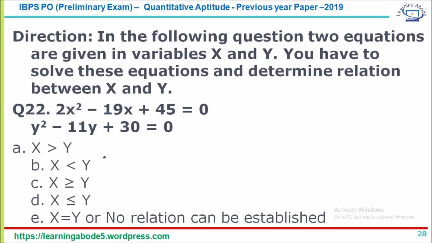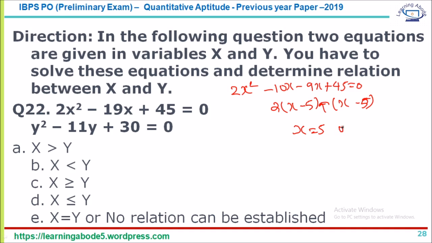One more question of this type. So this equation, if I have to split, I write 2x square minus 10x minus 9x plus 45 equal to 0. I get 2 into x minus 5, 9 into x minus, so I get x equal to 5 or x equal to 9 by 2.